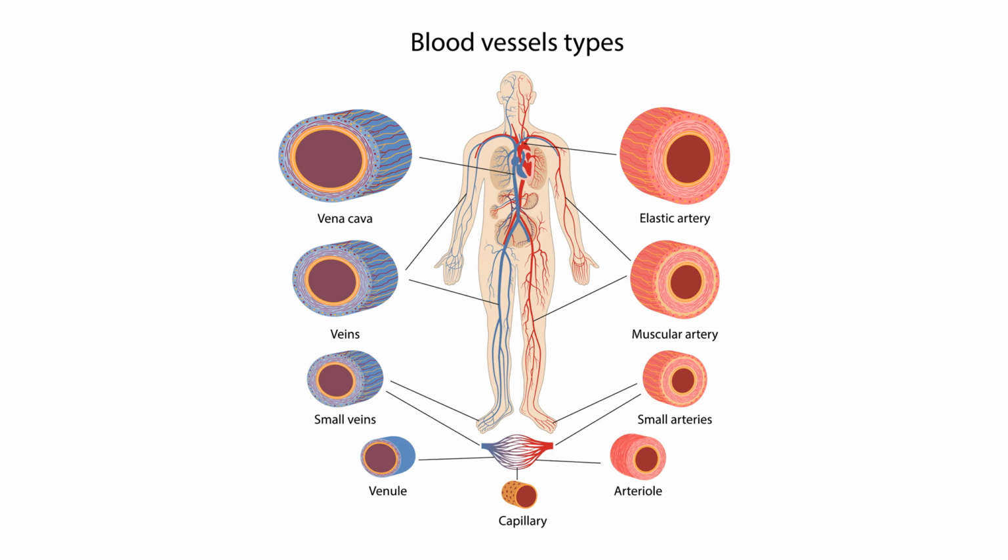The renin-angiotensin-aldosterone system from the kidneys causes vasoconstriction. Local products of metabolism and/or inflammation, such as nitric oxide, also control vascular tone.